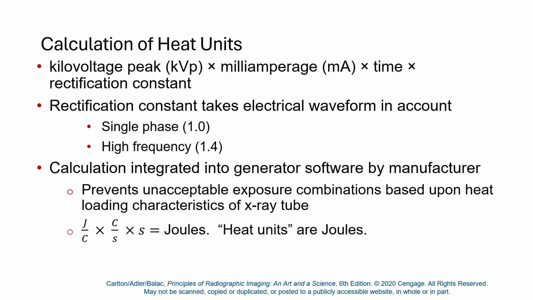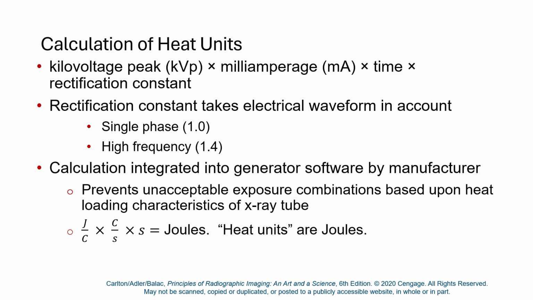Again, heat units are calculated by your software, your operating system for your X-ray machine. Okay. Your software locks you out if you dial up a technique that exceeds the tube capacity or the generator capacity, and it locks you out in the event of an anode cooling time exceedance.